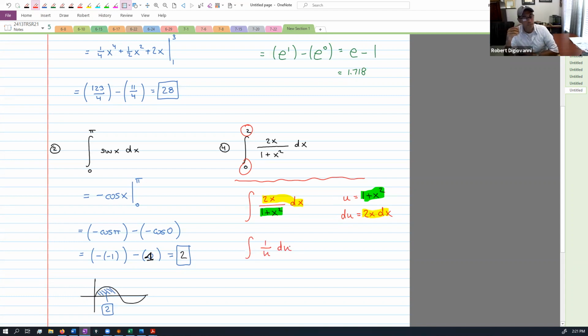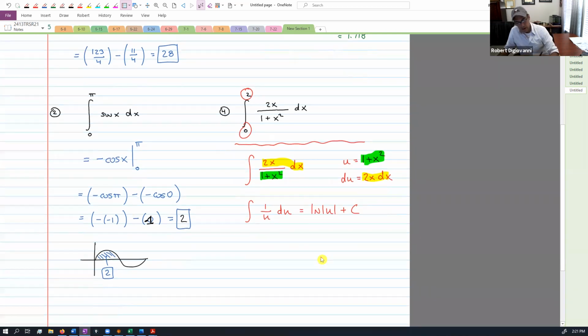Good. And what is the antiderivative of 1 over u, Naja? ln u. Now, I am going to put plus c here only because I'm doing this as scratch work on the side. And now we replace u with 1 plus x squared.